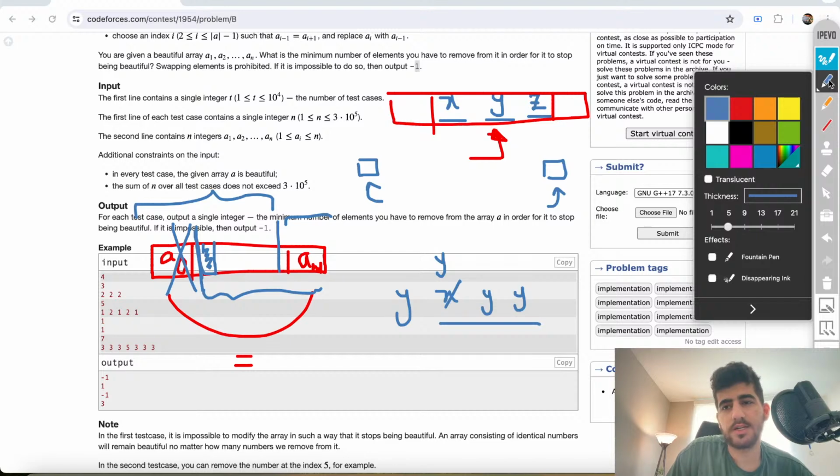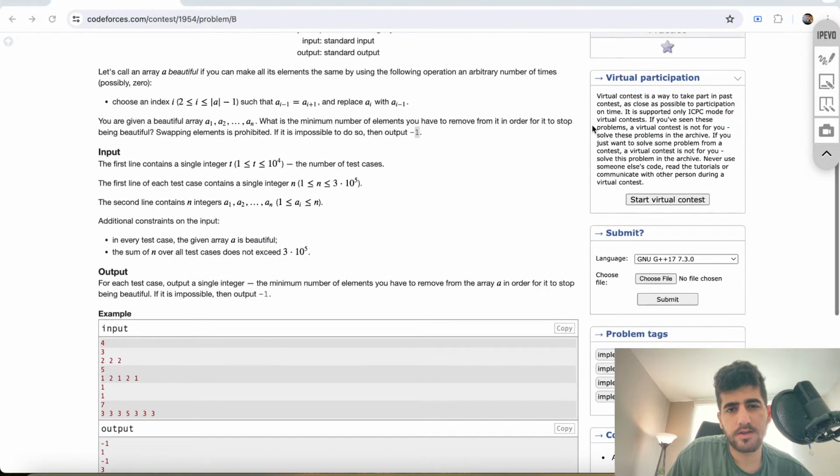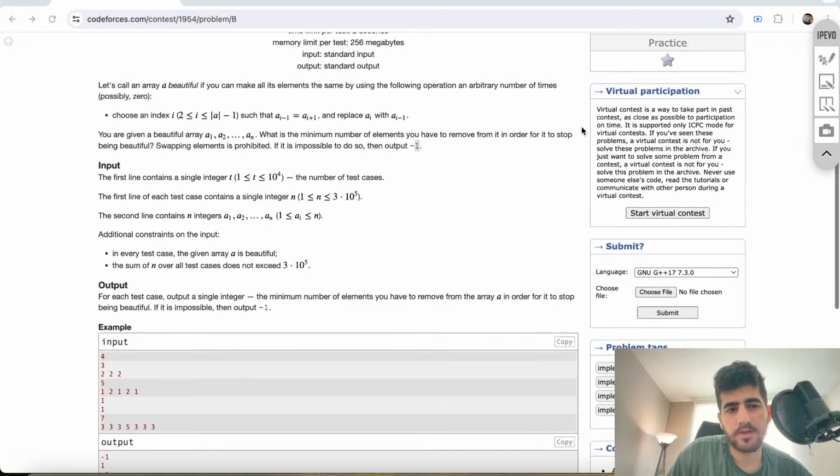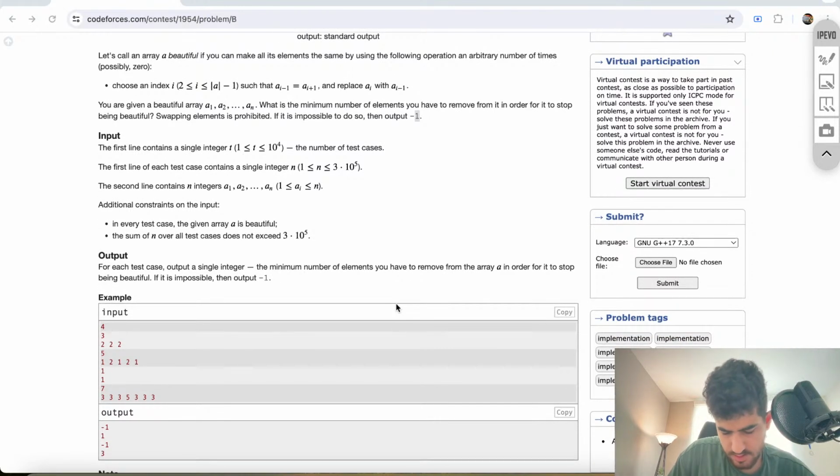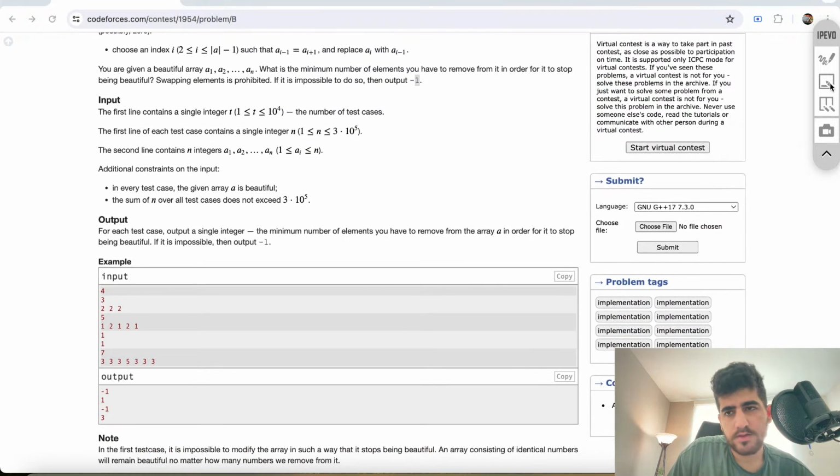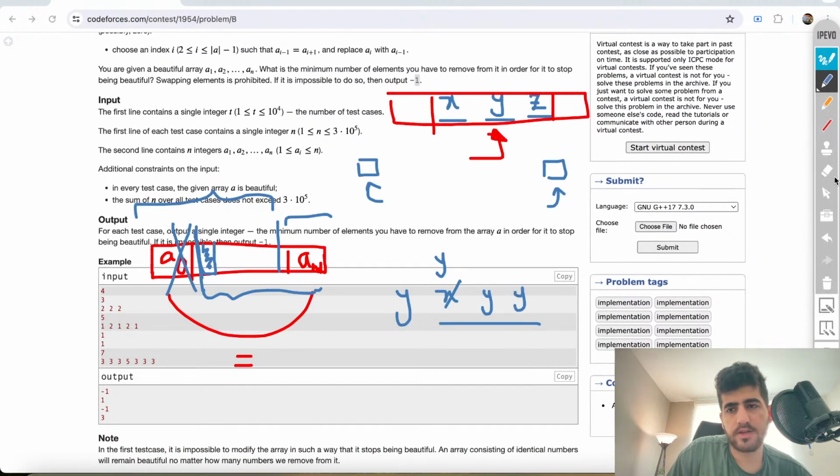Oh, let me see. The minimum. Try to add another 3. Okay. So you still say that you will remove these 3 threes, okay.